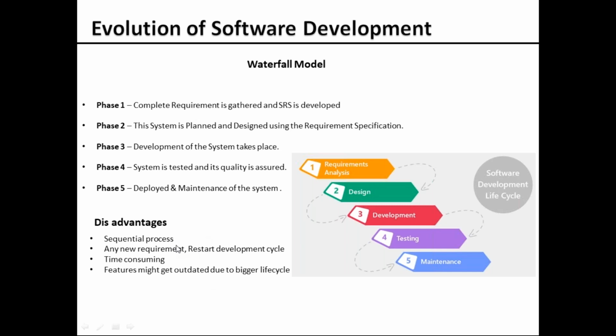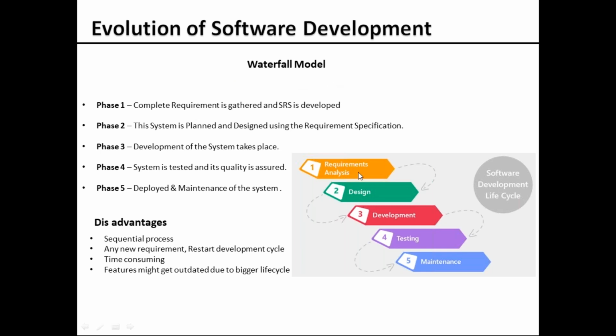And this is all a sequential process. It's a step-by-step process, one after the other we have to go through. There is no involvement of any other team in between to take care of their own job. So these are the few disadvantages that came across during this waterfall model. It was working very well before, when the market was progressing slowly.